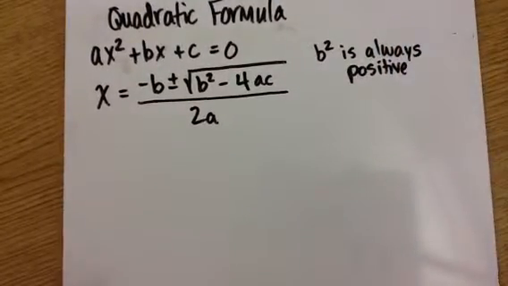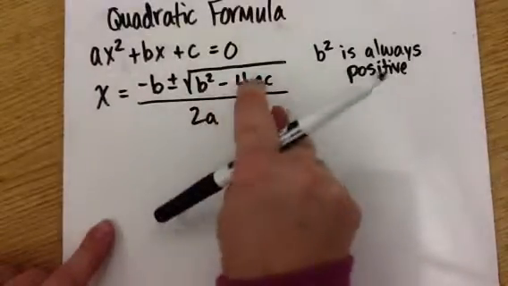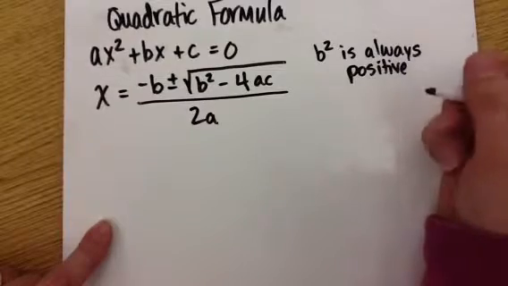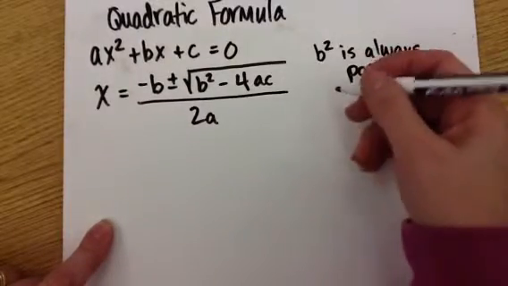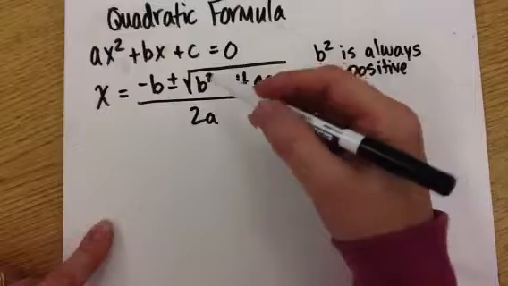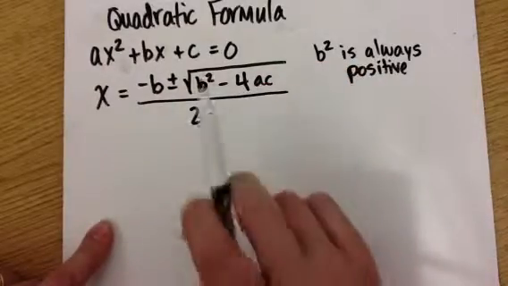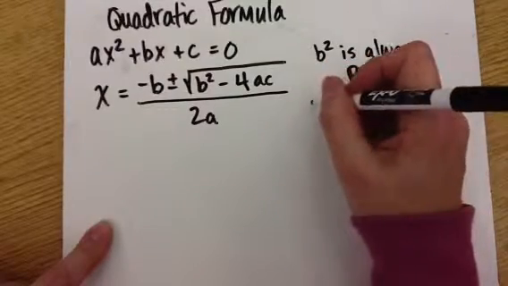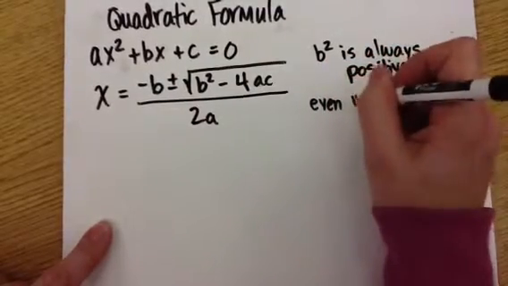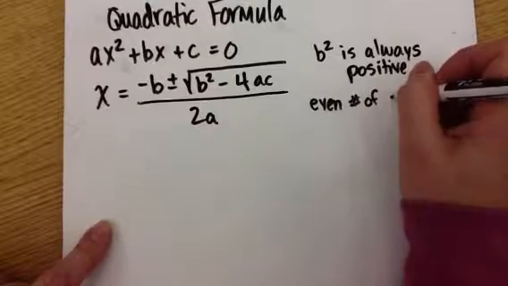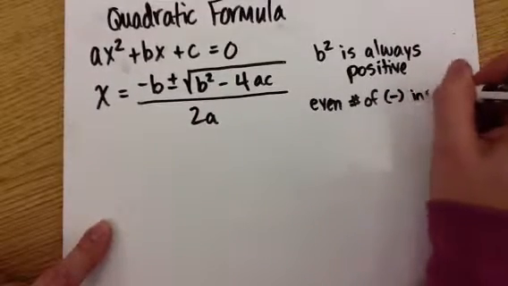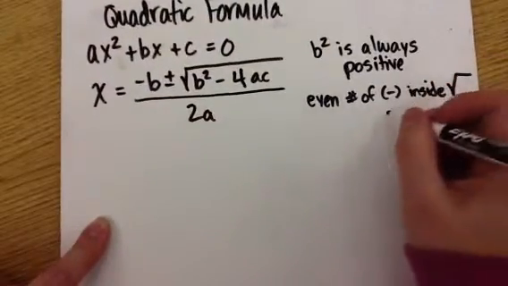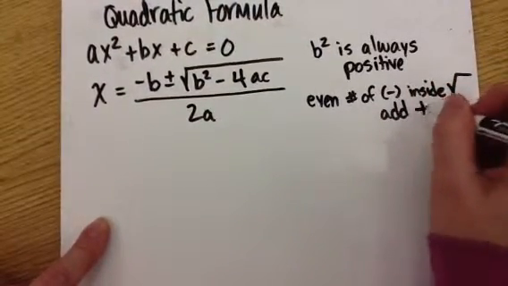The next thing that gives people problems is within this discriminant, when you have minus 4ac, if you'll just count the number of negative signs, that will tell you if you're going to be adding b squared and 4ac or subtracting b squared and 4ac. So if you have an even number of negative signs inside the radical, you're going to be adding the numbers.